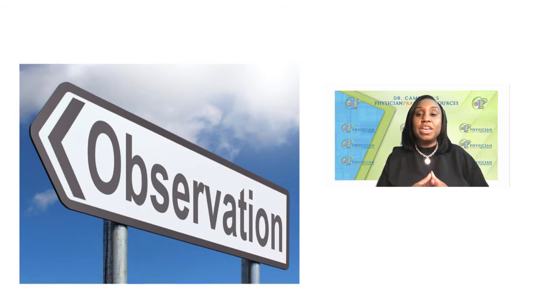All right, next up on page 20, we have our observation codes. Now, I want you to think of observation as a situation where the patient is not well enough for a full-blown admission to the hospital, but they're not well enough to go home.